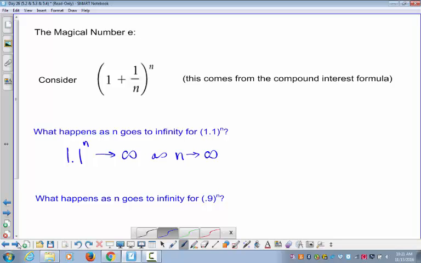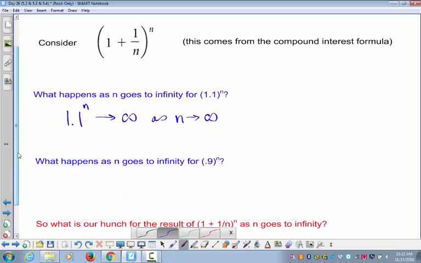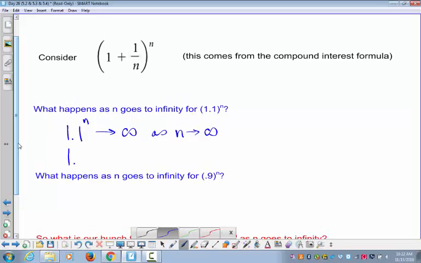And it doesn't matter how much tinier this is than 1. It's just a tiny bit greater than 1. Doesn't matter. It's going to infinity as n goes to infinity. If you have a constant base greater than 1, the y value is going to infinity, no matter what.